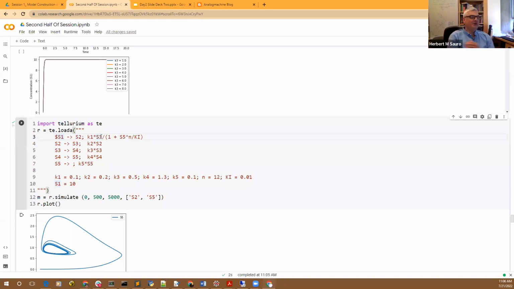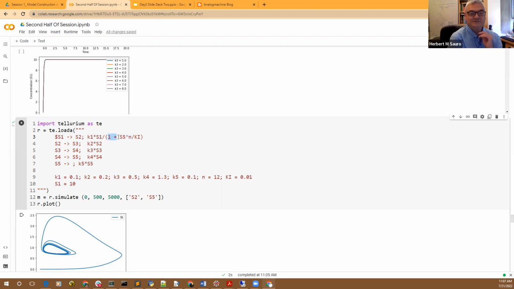I know, for example, that negative feedback means that if I increase the concentration of something, the reaction rate has to drop. And the way to do that is to put your signal molecule into a denominator. So as the denominator increases, the entire expression decreases in value. Now you'll notice there's a +1 on here.